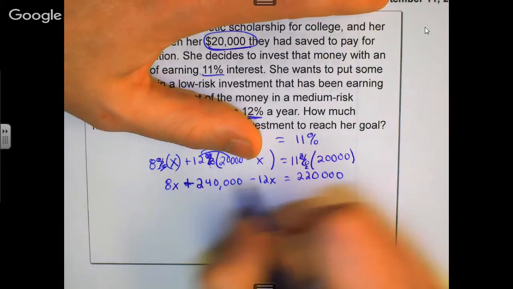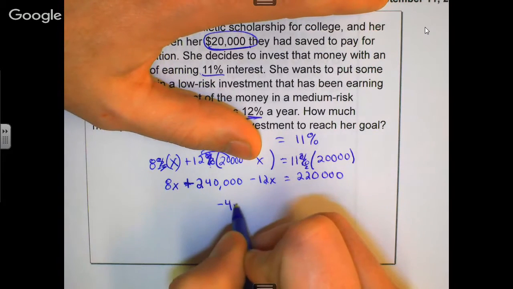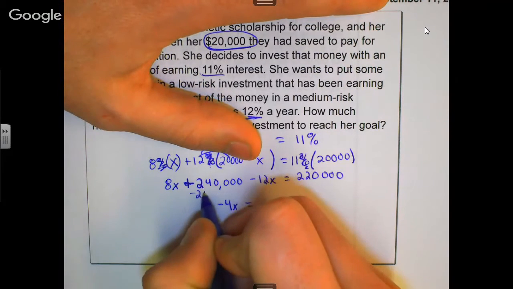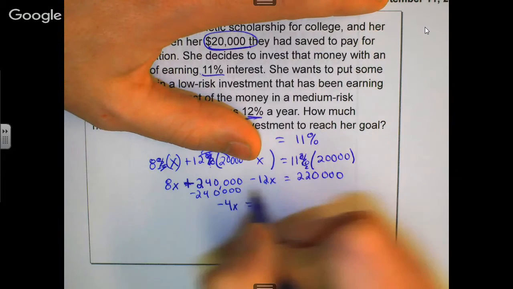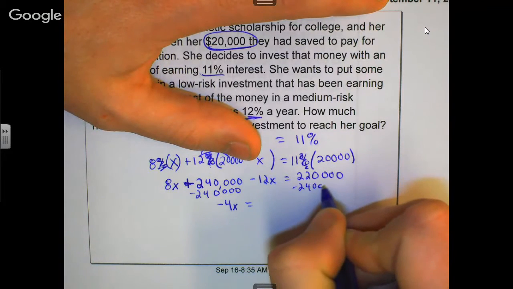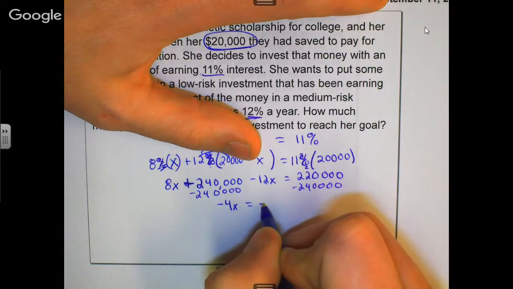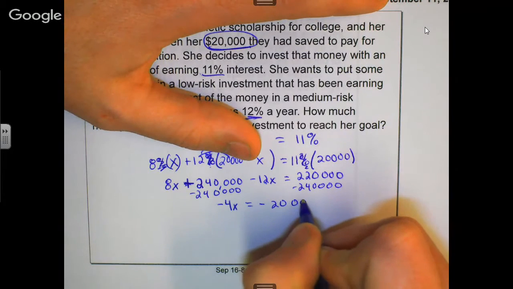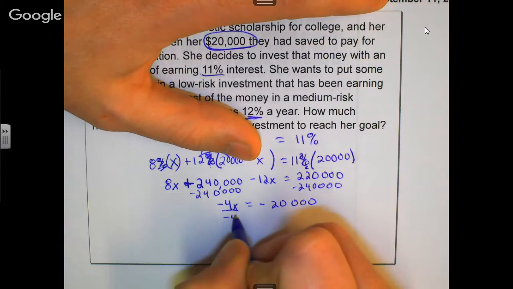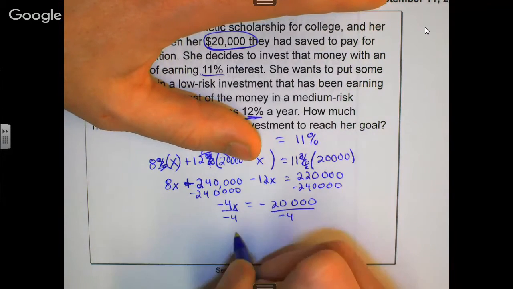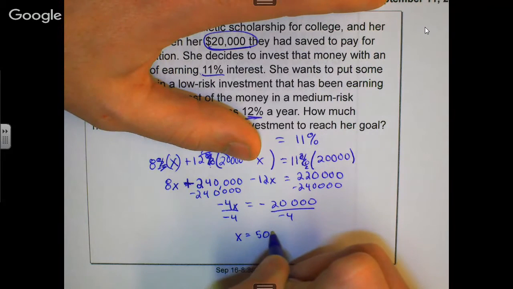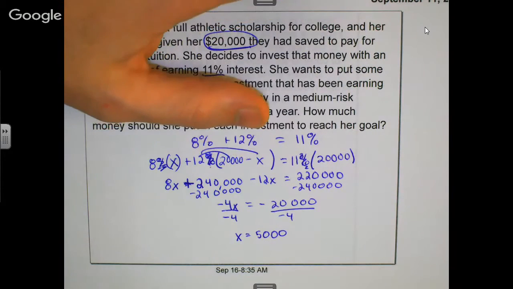So I have 8X minus 12X, minus 4X, if I subtract the 240,000, I get negative 20,000. Divide by negative 4, x is 5,000.